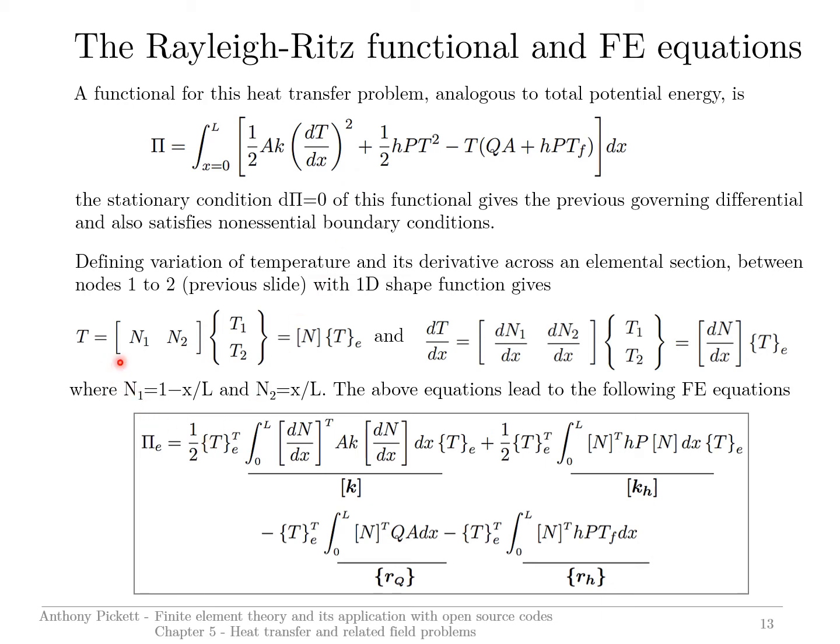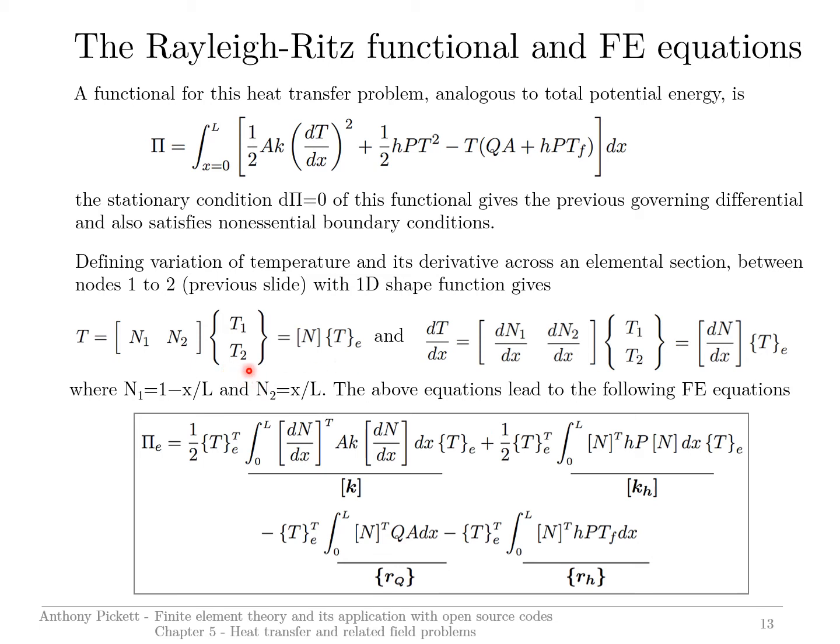If you consider the normal relations we have for a bar element, a 1D element, the variation of temperature would be the shape functions and the nodal temperatures. This is identical to what we've used before for displacements, where the displacement at any position along the bar is in terms of nodal displacements, but here we're using it in terms of temperature. So the abbreviated form is given here.